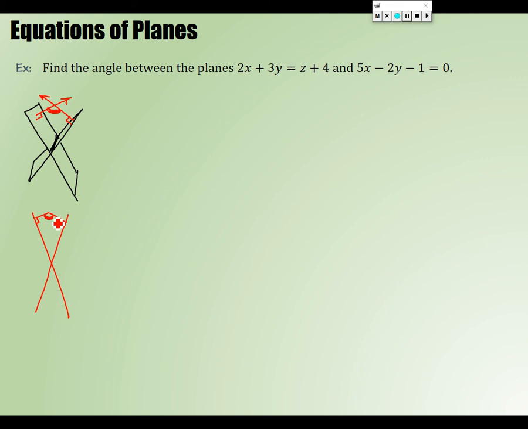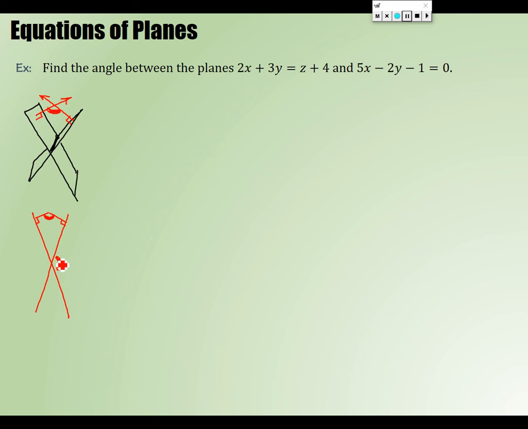The angle we seek is this. Can you convince yourself that that angle and that angle that I've marked heavily there are the same angle? Which brings up a point.